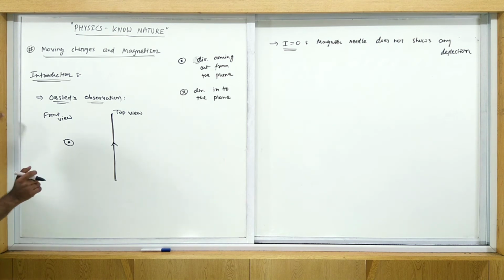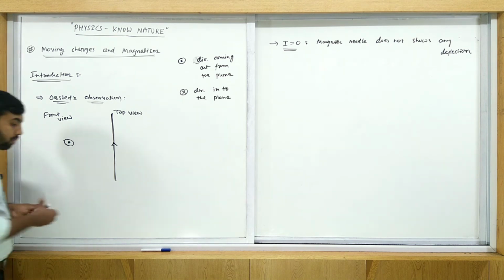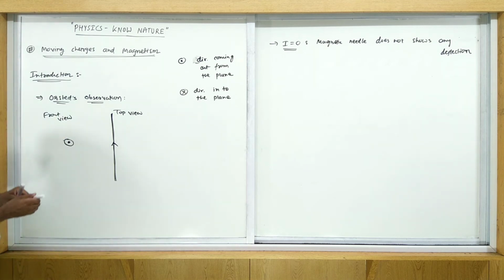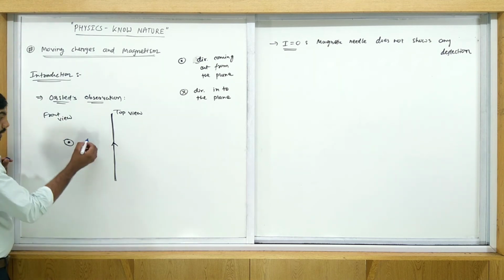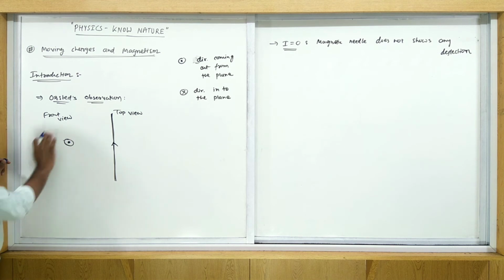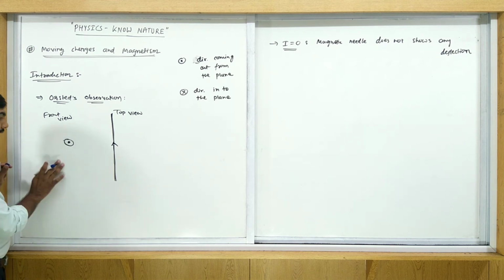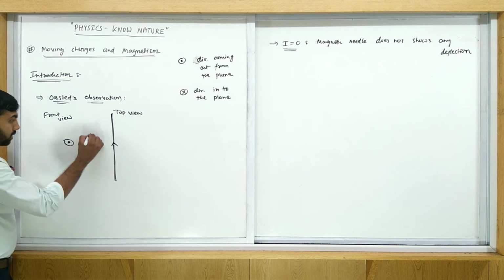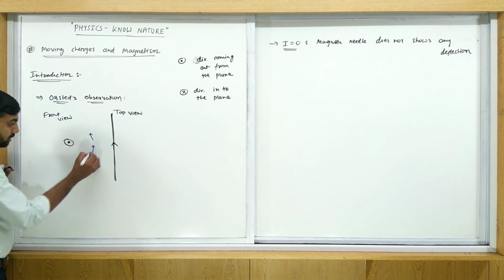When the current flows, then the magnetic needle shows a particular deflection only. See this magnetic needle: if a number of compasses are placed around this wire, then the magnetic needles show the deflection like this.